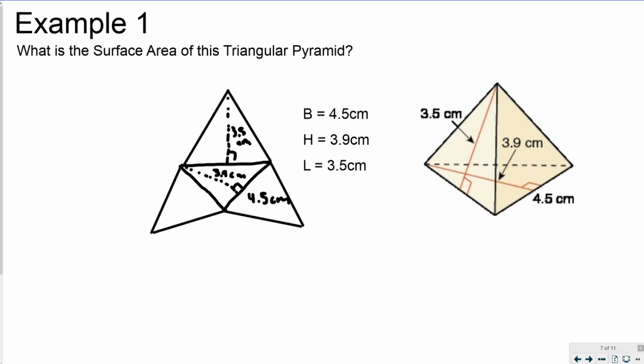What I am going to do is use that information to calculate the area of all of the triangles and then sum them together. So the 4.5 refers to this segment here. Let's calculate the area of the base. The surface area is equal to the base area plus the lateral faces.